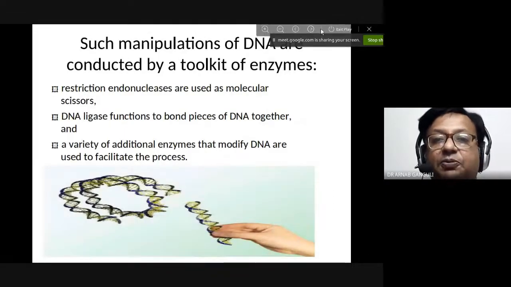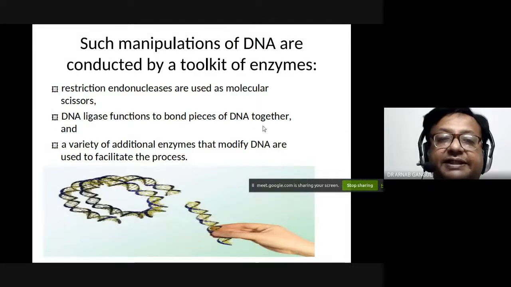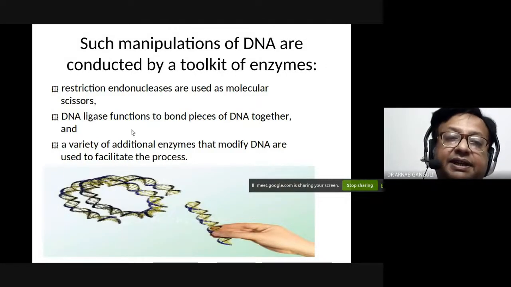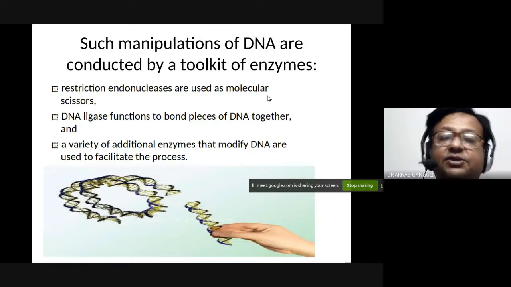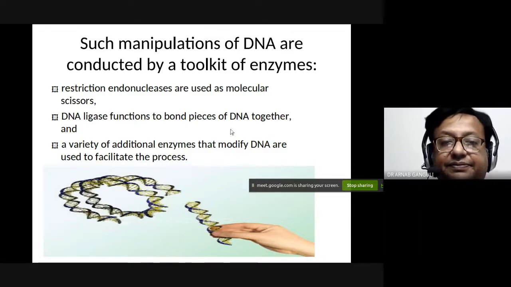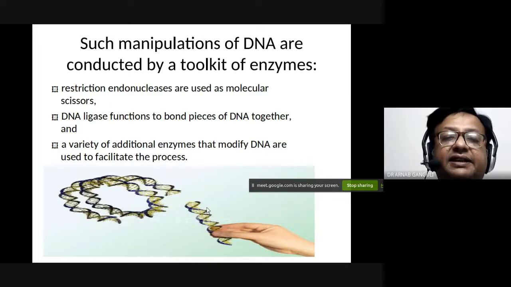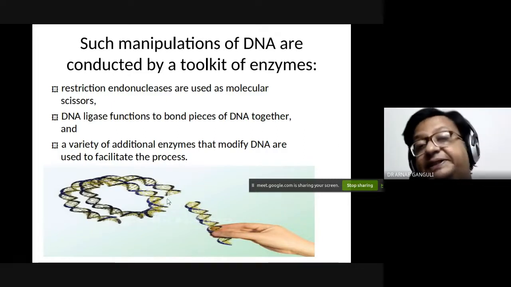Such manipulations of DNA are conducted by a toolkit of enzymes. So what are these enzymes? Restriction endonucleases are used as scissors to cut. Then you have DNA ligase. After you cut, you have to paste. And you have other enzymes that modify DNA and help this process of cutting and pasting.